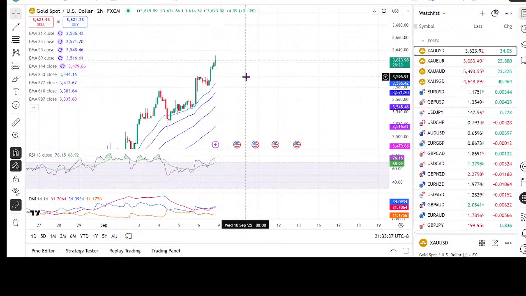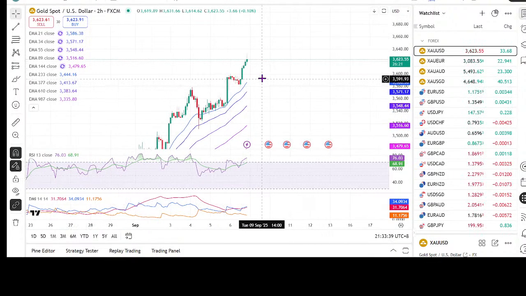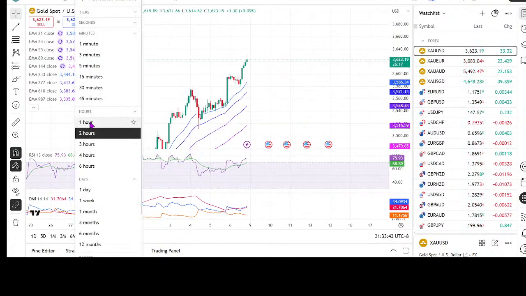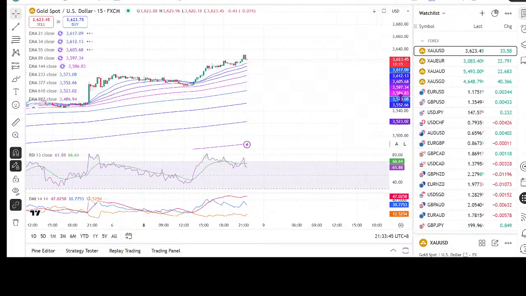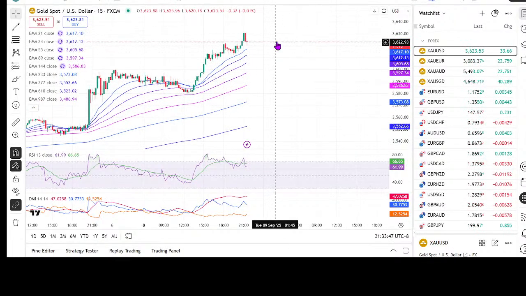Looking at the chart now, what we feel is there is a probability that we may have seen a temporary high at 32. So how can we trade this, in case we have missed the trade or have not got into the trade?